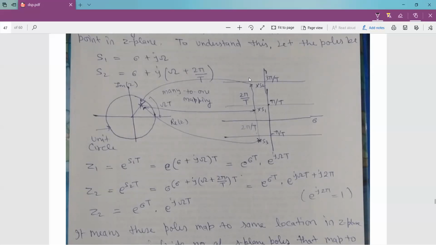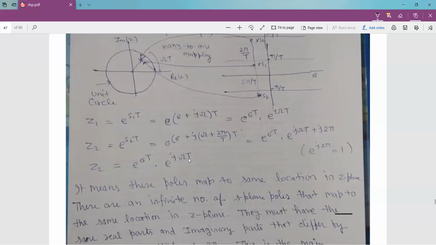So here we see that there are infinitely many S plane poles that map onto the same location in the Z plane.